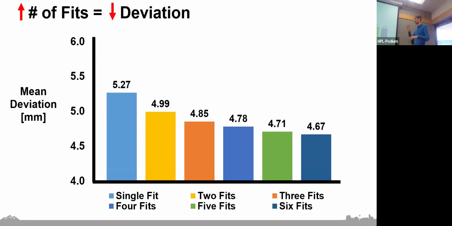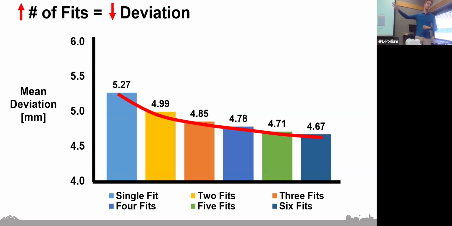What we found is that increasing the number of fit options created results in an improvement in mean deviation scores, so like a reduction in mean deviation. As you can see, the mean deviation sort of decreasing from left to right here as the number of fits increases. But we also saw a pattern of diminishing returns on our theoretical population fit metric.